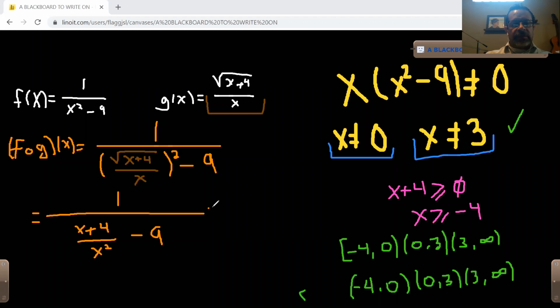And now for this, we can have a common denominator here, and say that this is equal to x plus 4 divided by x squared, which would be the common denominator, minus 9x squared.